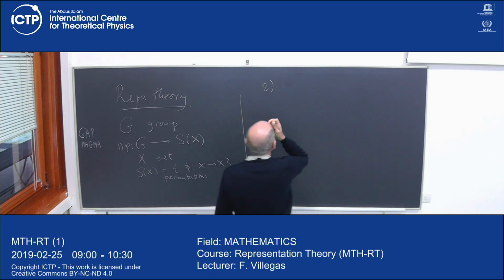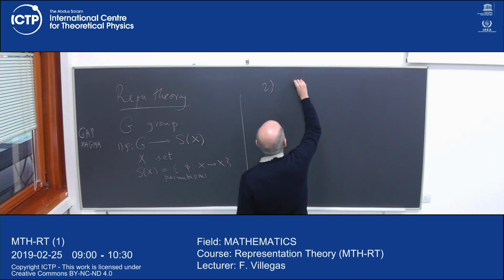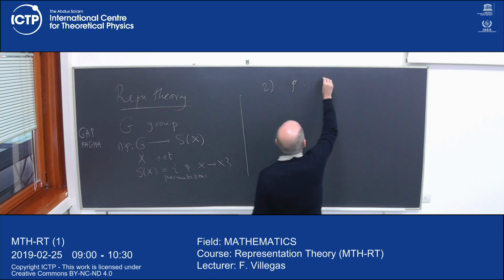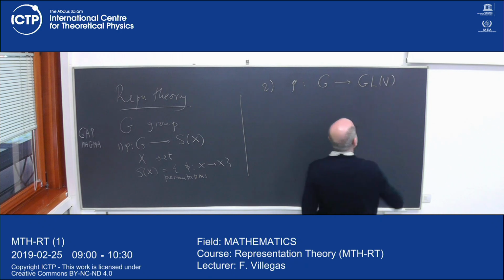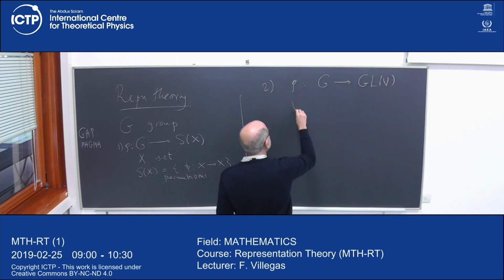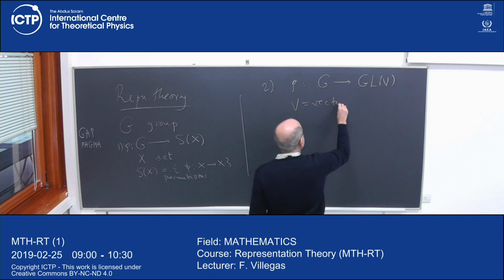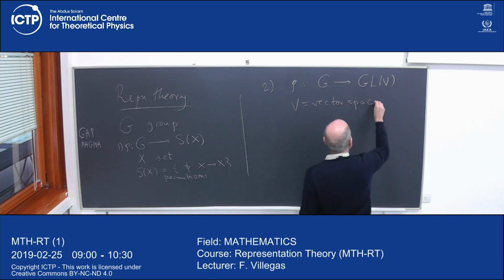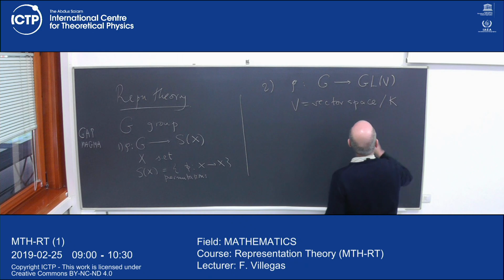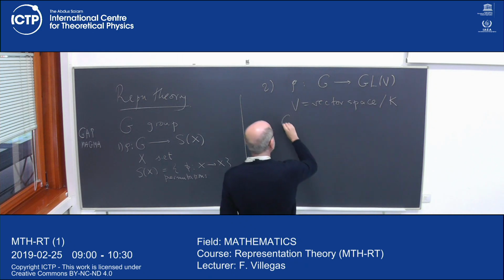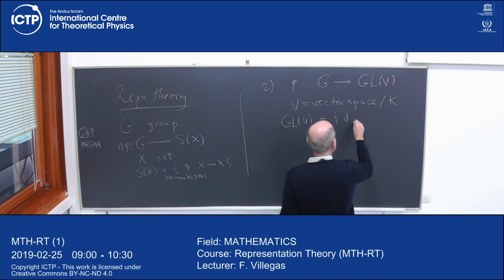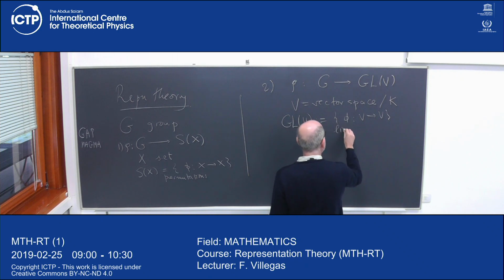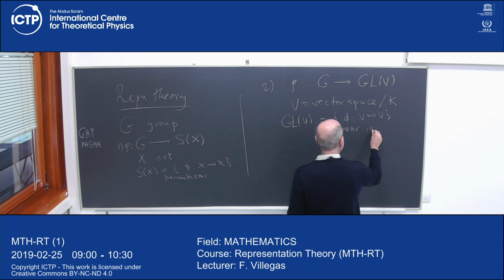Another way you can present it, which will be mostly what we're going to do, is a similar thing, but now acting on a vector space V over some field K, and GL(V) are the linear maps from V to V that are invertible, so bijective.